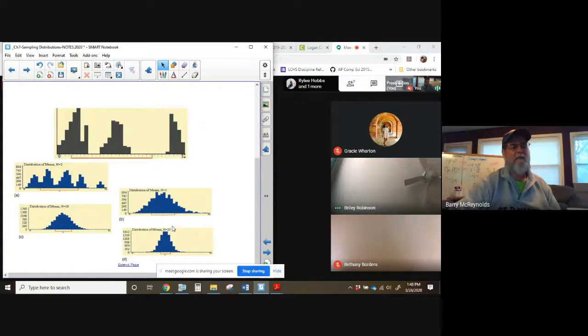I think it'll probably be n equals 30 or some number larger than 30. If you can do 50, do 50. It's even better. But by the time you get to 30, the extra time and effort that it takes to take 50 samples doesn't really get you any closer to the true population mean or understanding what the true population mean is.